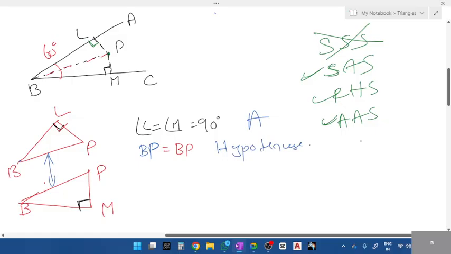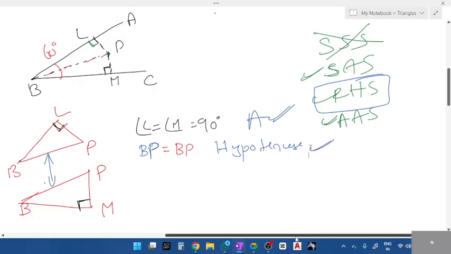Why is BP the hypotenuse? Right angle. Very good. Opposite to the right angle. So which criterion is more relatable? This one, students. Can we check RHS? So the right angle is given, the hypotenuse is given. What else do we have to find?